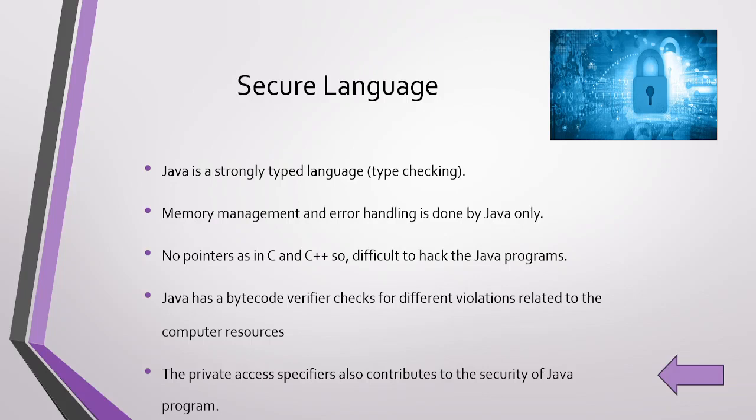First of all, it is a strongly typed language, which means every variable should be declared before using, unlike VB and other languages. Memory management and error handling is done by Java itself. It has so many classes. And no pointers, so hacking is difficult, as I have discussed already. The bytecode verifier checks for different violations of computer resources. Resources cannot be used by two programs simultaneously. And the private access specifier, which I'll teach you later on, increases the security of the program.